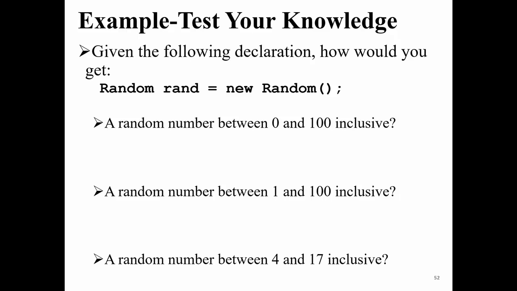Then I want a random number between 1 and 100 inclusive. And then a random number between 4 and 17 inclusive. Can you do this? Any suggestions how we can do this?